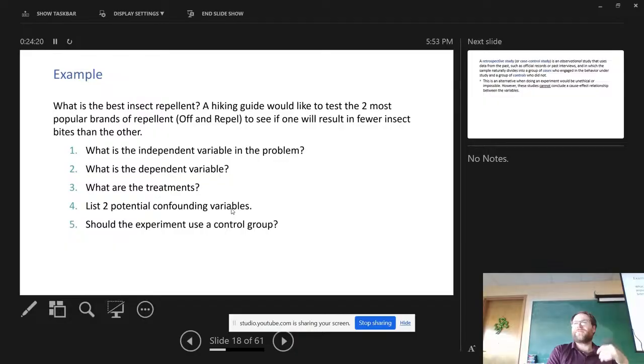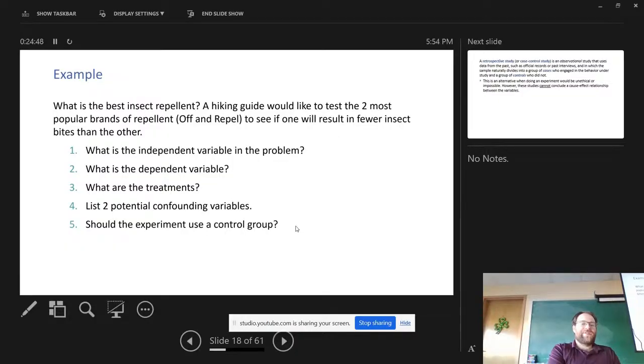Reaction to the repellent. And there are some other ones that would work too. A common one: if we looked outside today versus, say, two weeks ago, weather could be a big deal with that. Temperature could be a big deal too.